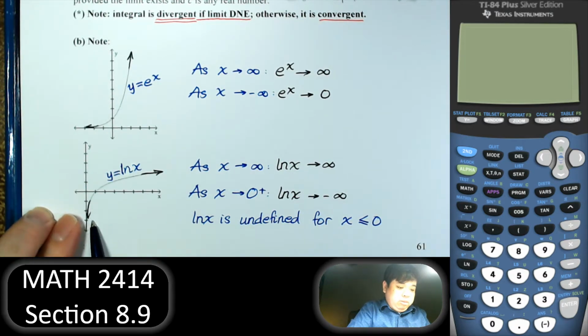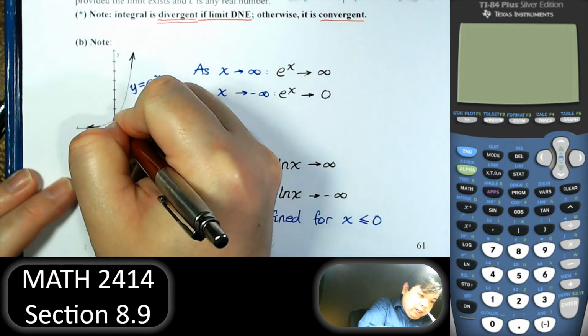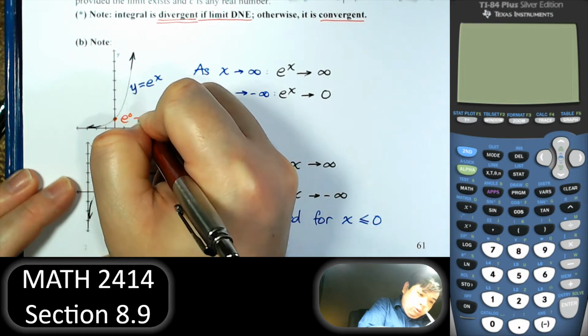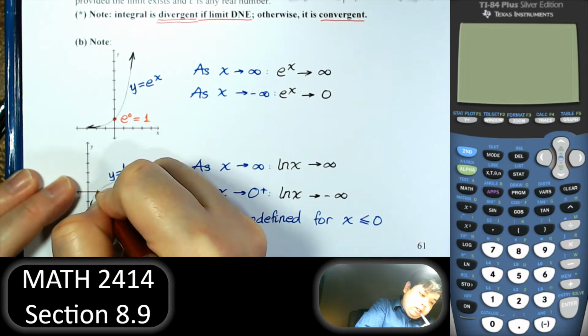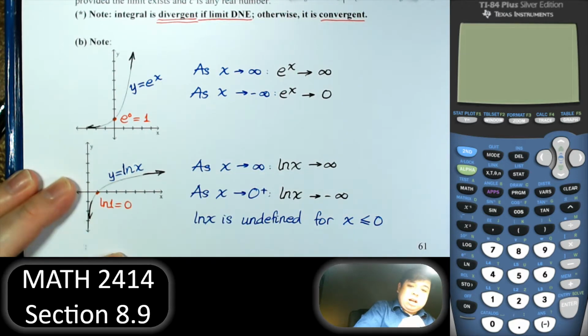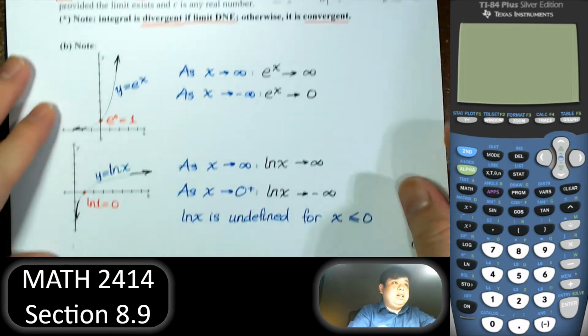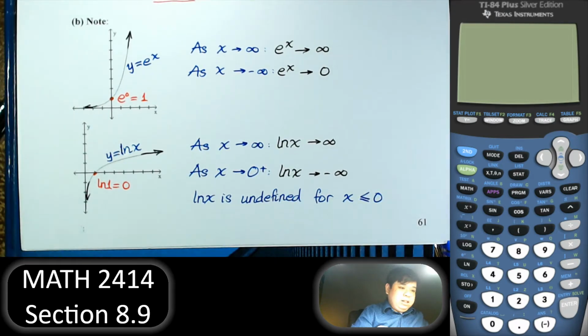Also, something that we know: e to the 0 power is 1, and ln of 1 is equal to 0. We might need to use that later. This is just a little review.